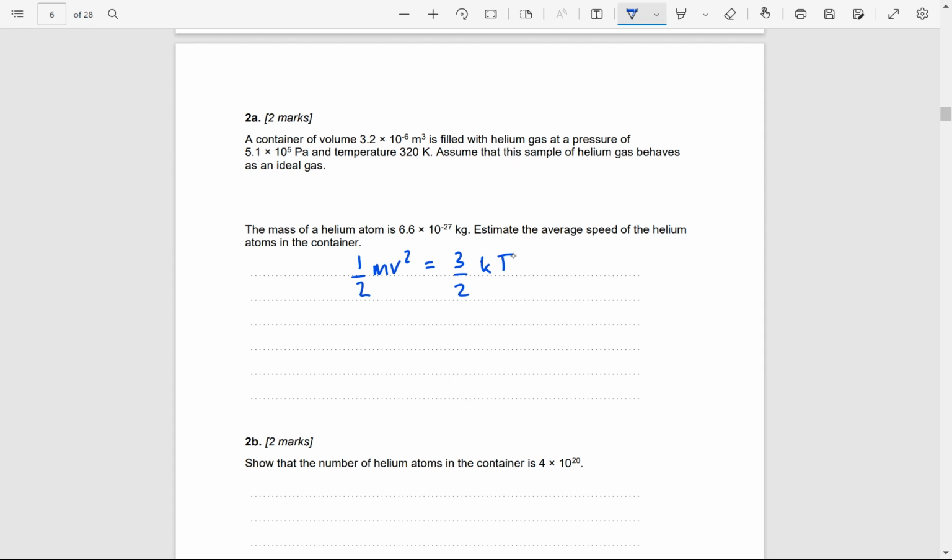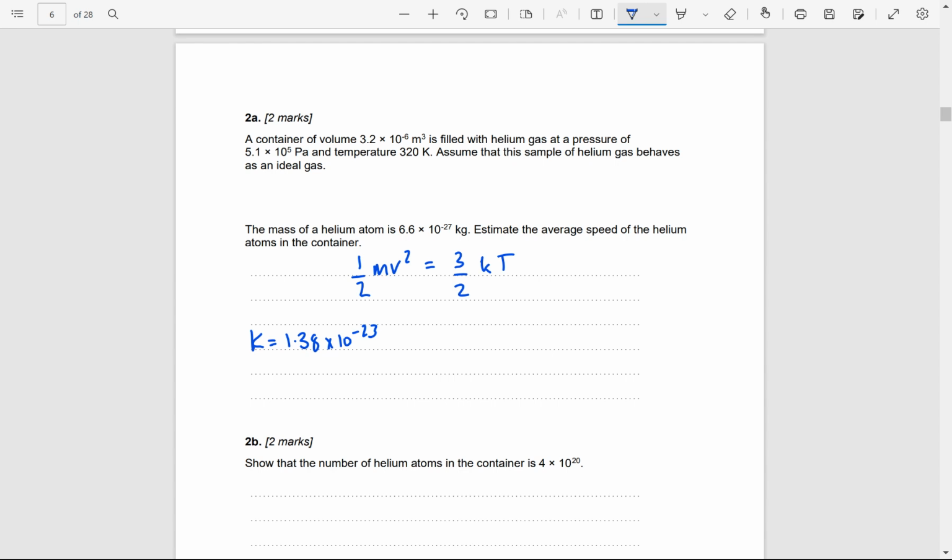Given that we're looking at temperature, mass and speed, we're going to need to equate these together. So k is Boltzmann's constant, 1.38 times 10 to the minus 23. You can find that in your formula booklet.